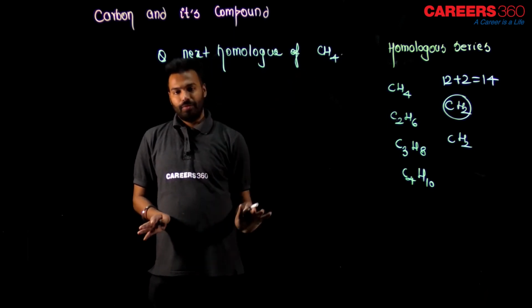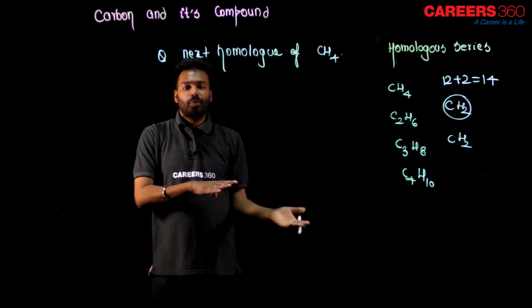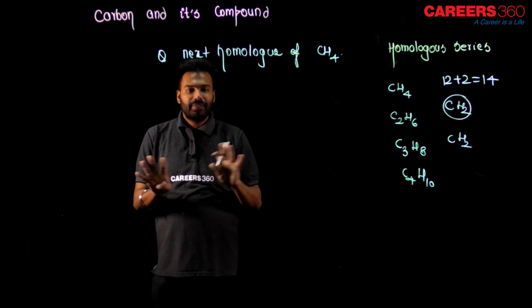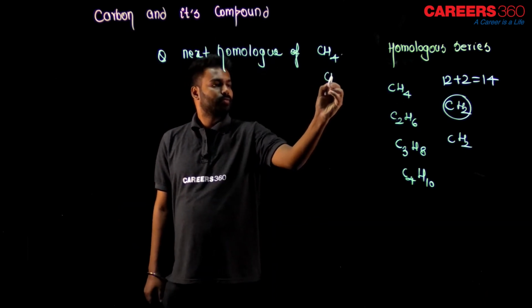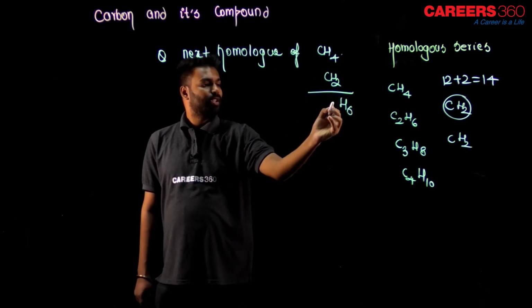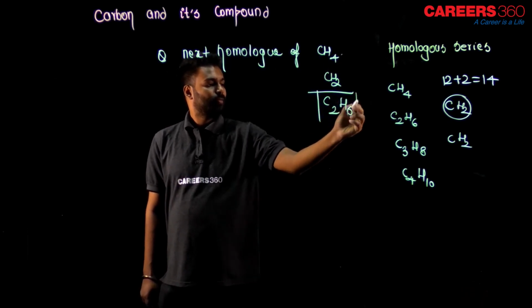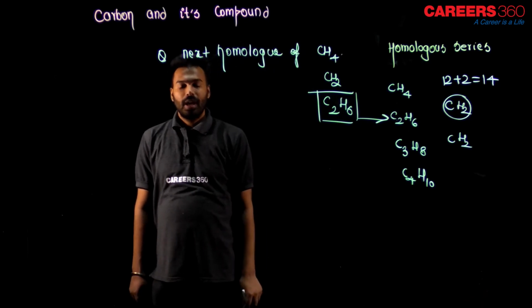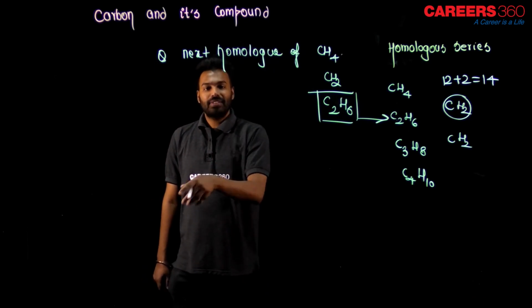I am taking CH4. So, how to get the next homologue of any one? The method is very simple, add CH2. That is it. 4 and 2, 6. So, 6 hydrogen, 1 and 1, 2. So, C2. That is it. You got it. How to get the next homologue? Add CH2.